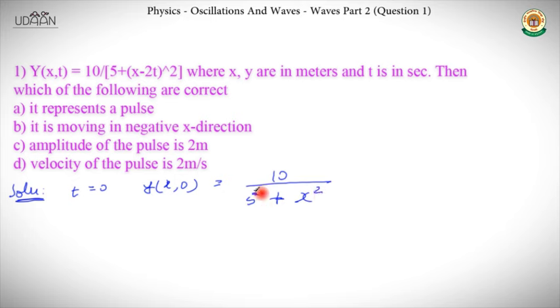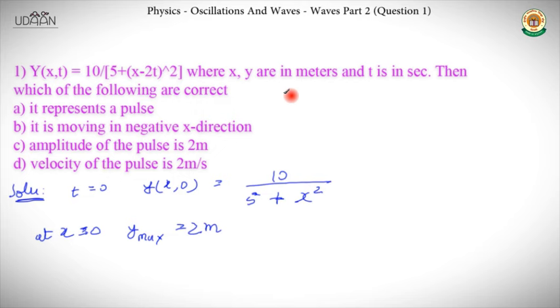From this one can easily find out y max at x equal to 0. So at t equal to 0 and x equal to 0, we get y max as 2, which is 2 meters because the dimensions are given in meters.